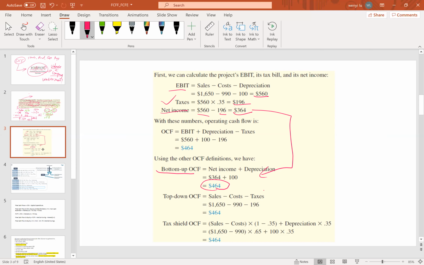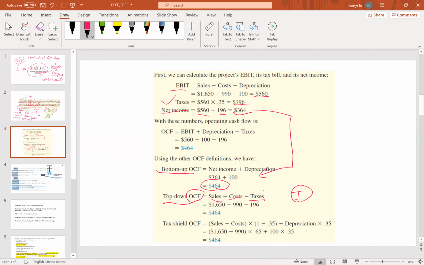Or you can use the top-down method: sales minus the cost minus the tax. Be careful: operating cash flow does not include the interest payment, because interest payment is for the debt holder.